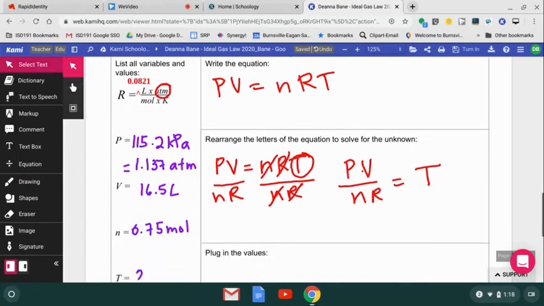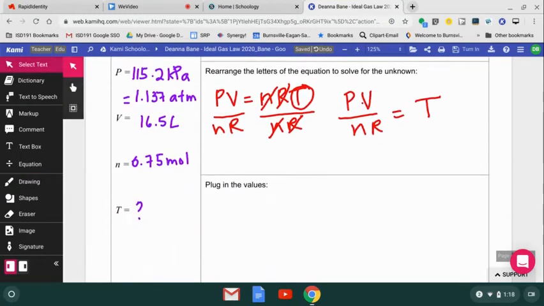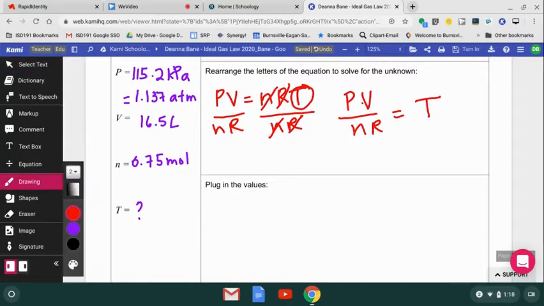All right, the next step then is to plug the numbers or the values in. And I'm actually going to just flip this equation so that T is on the left and PV over NR are on the right. So let's start with T. And if I look at my list, I see that pressure is 1.137 atmospheres. I want to multiply that times volume, and the volume is 16.5 liters.